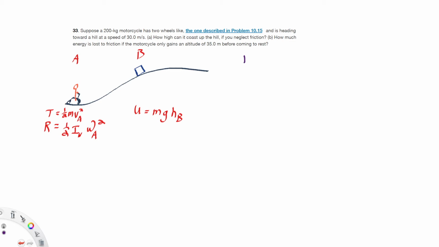It says to assume that a wheel is approximately an annular ring with an inner radius and an outer radius. So we're going to make that approximation. So our wheel is basically this, with all of the stuff of the wheel in here.